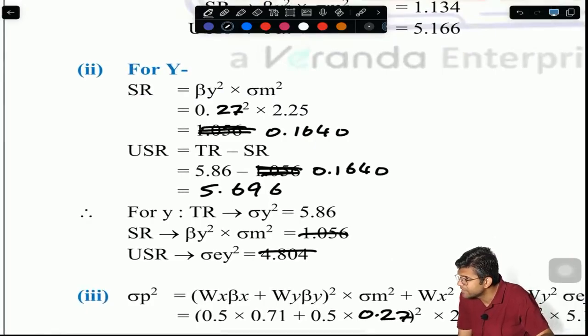Why is everyone getting different answers? Others, you did 2.25 square. It is already variance, no?